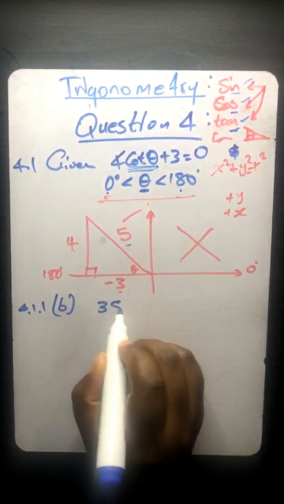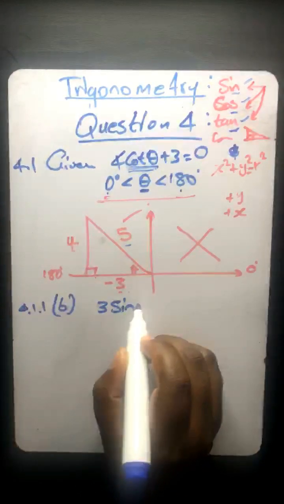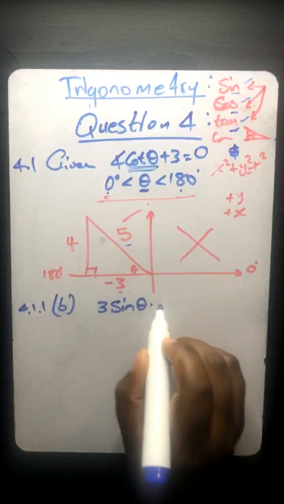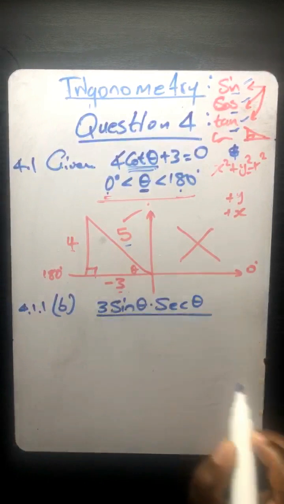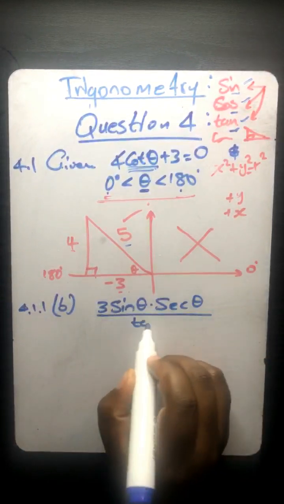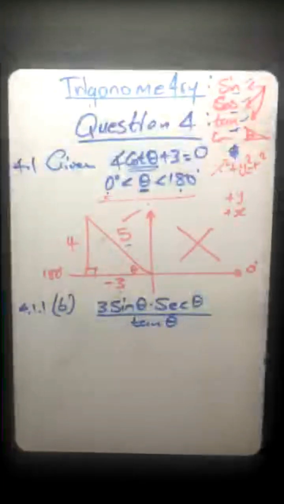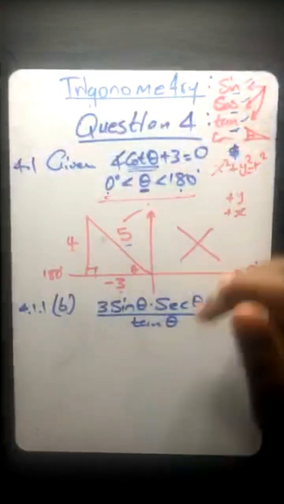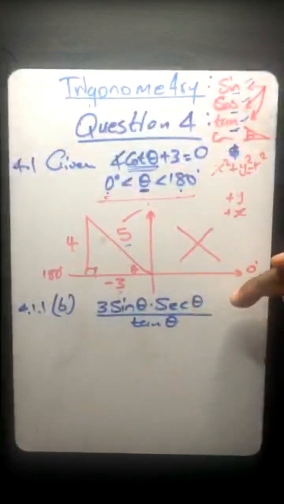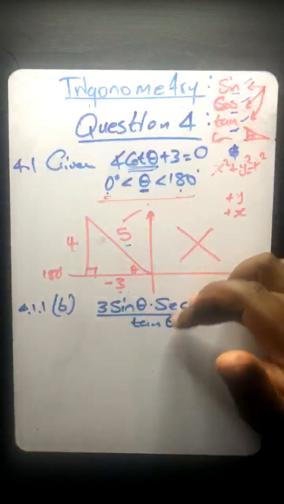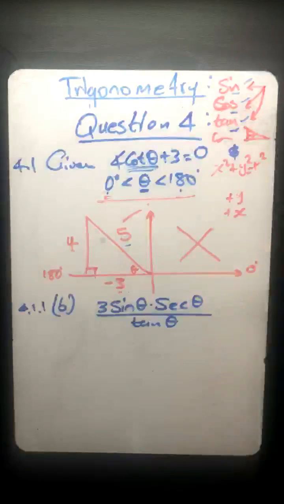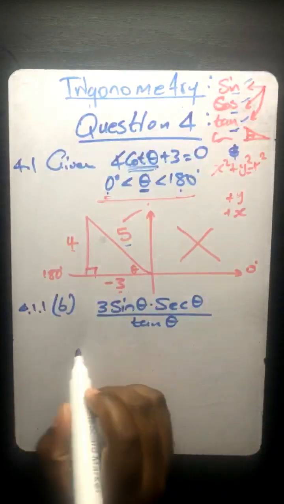They say 3 sine of that angle multiplying sec of that same angle, the whole of that divided by tan of the angle. So remember, guys, it is very important that you remember the trig ratio for sine, for sec, and for tan.